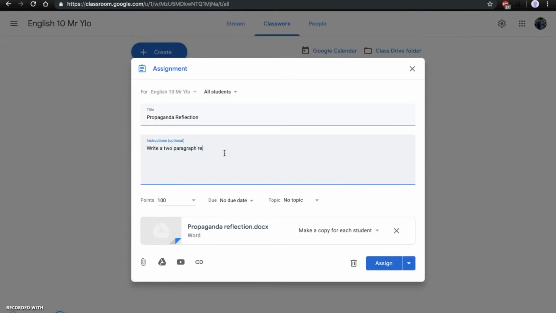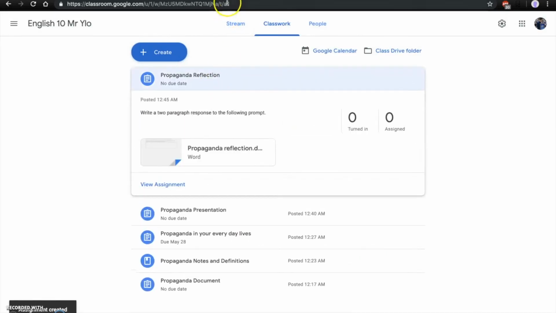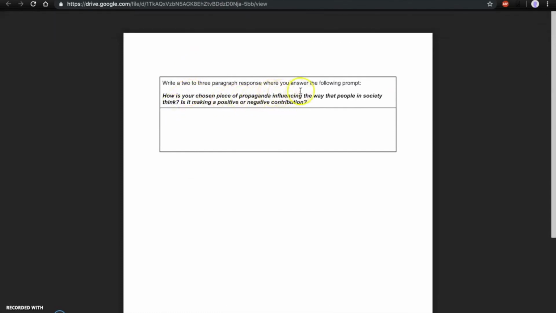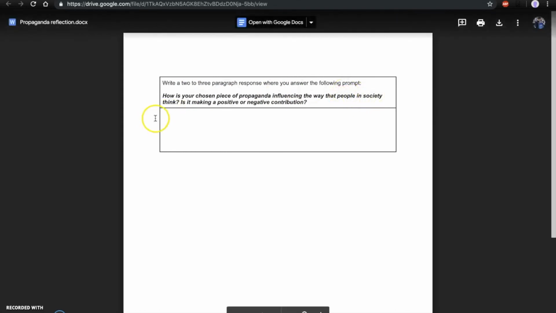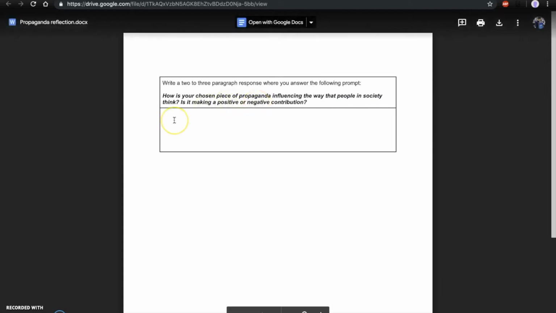Write a 2-paragraph response to the following prompt. There we go, and the students can access this. How is your chosen piece of propaganda influencing the way people in society think? Is it making a positive or negative contribution?